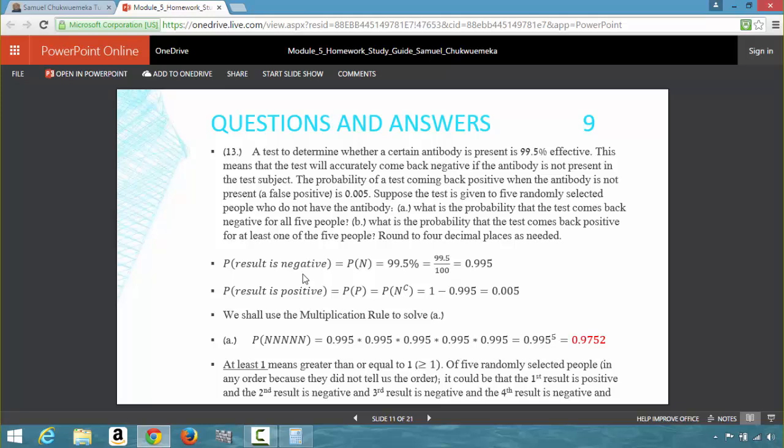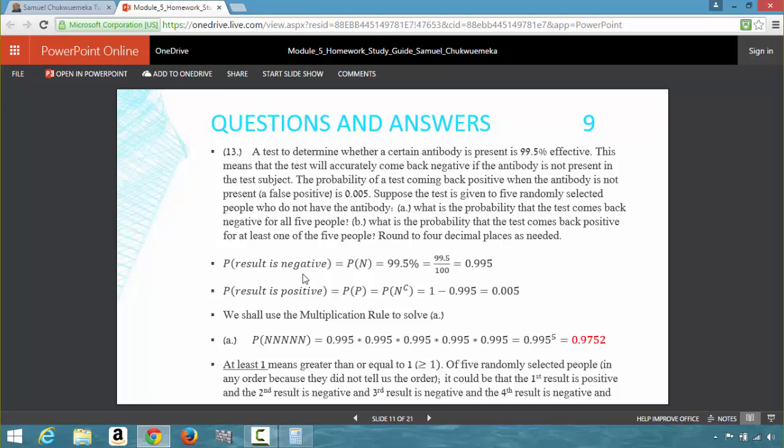Or the second one positive, first negative, third, fourth, and fifth negative. Or only the third one positive, then first, second, fourth, fifth negative. Or only the fourth one positive, or only the fifth one positive.